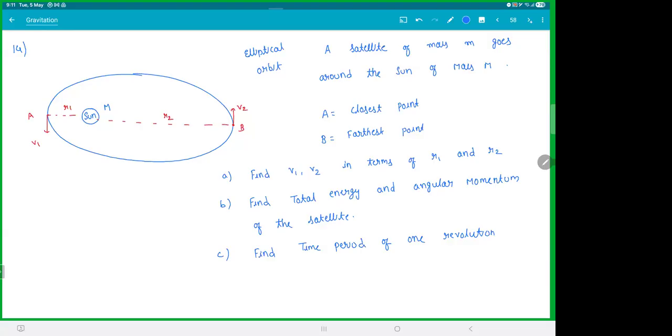Okay, most of you are getting the velocity part right. Right, Samyak. Right, Shaurya, Ashman. Try. Everyone should get V1, V2. I'll give you another minute. If you got V1, V2, energy and angular momentum also you'll get. Then we need to think how to get the time period. Right, so velocities are fine.